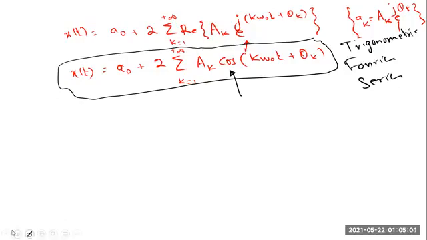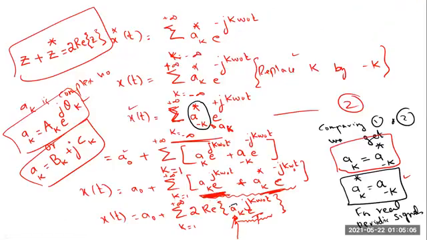And what is the other possibility? The other possibility is that you replace this ak by its rectangular representation, and then you find the real part.